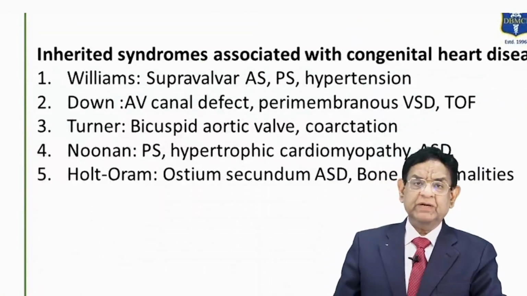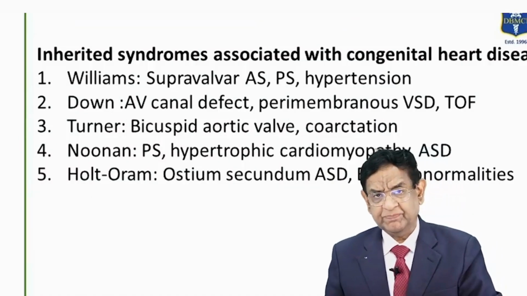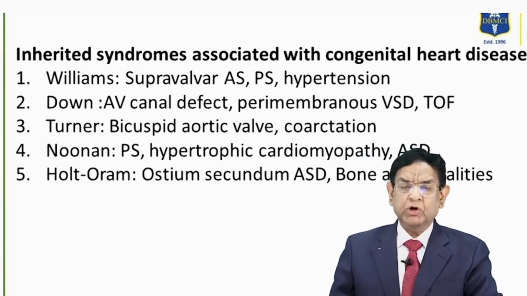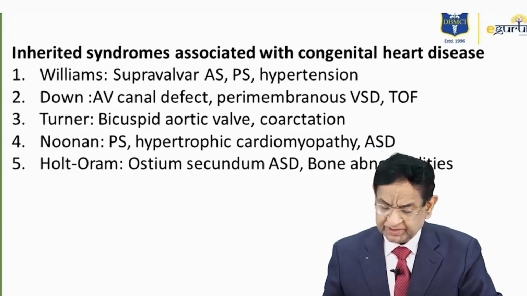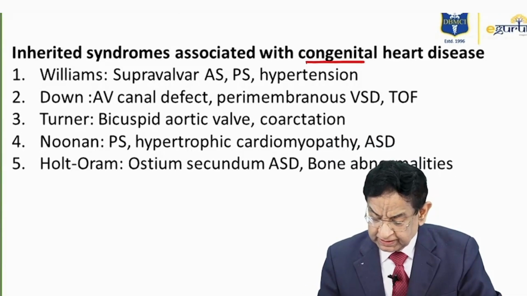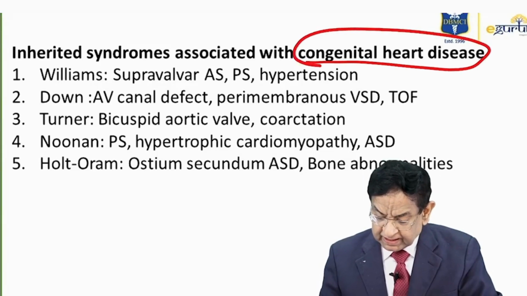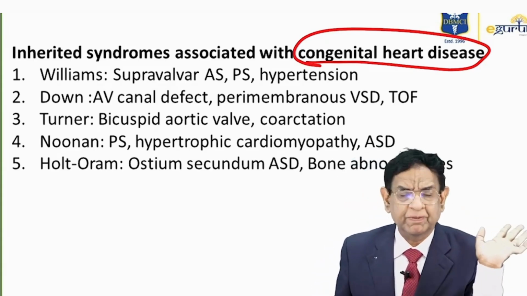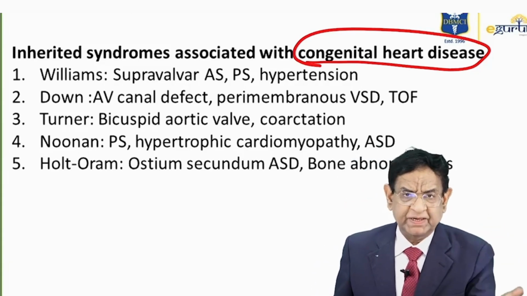So one part is over, the fetal circulation. When we talk about congenital heart disease, very obviously, it means that the child is born with this problem. It is there at birth.